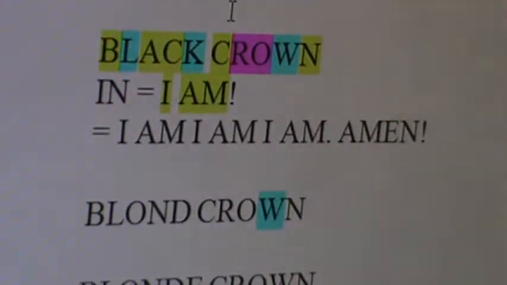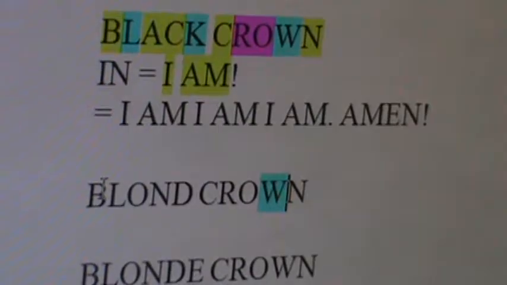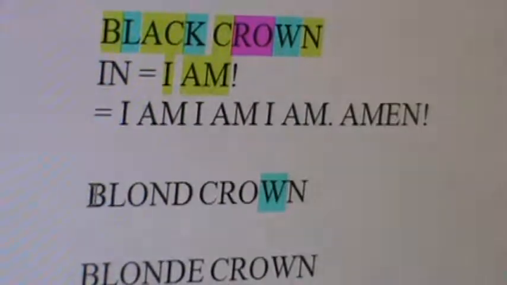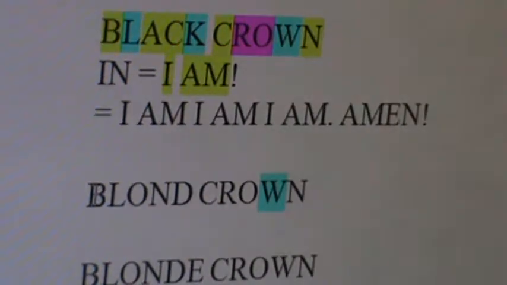W, I am. This was pretty irresistible, just like we did in black crown and in brown crown. The whole B: brown crown, black crown, blonde crown. Black hair, blonde hair, brown hair.